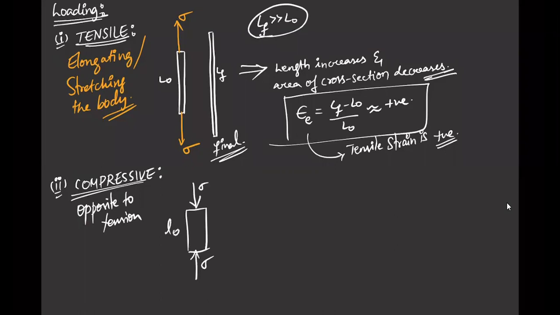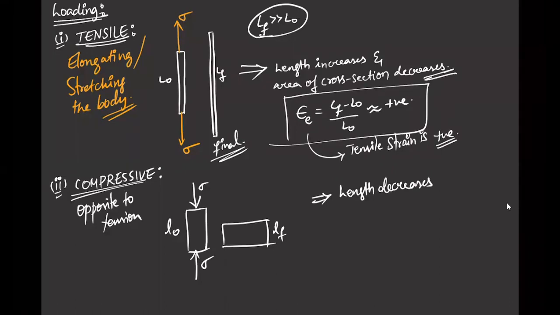For example, this is L naught. What happens to my final thing? This will be my final shape where this is LF, and the length decreases because the forces are acting in a compressive manner.